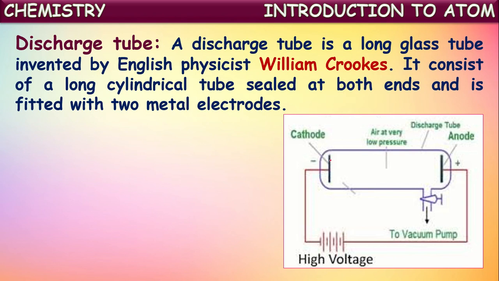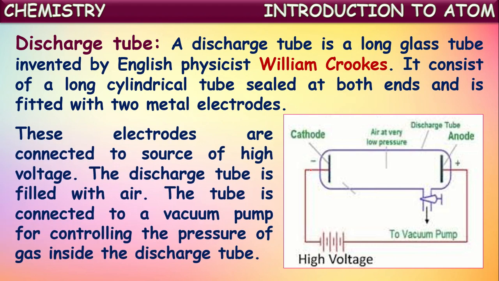And inside this glass tube, they introduced two metallic electrodes, which are used for passage of high voltage electricity into the discharge tube. These electrodes are connected to a source of high voltage. And here we know the electrode or metal rod which is connected to the negative terminal of the high voltage source is said to be the cathode.